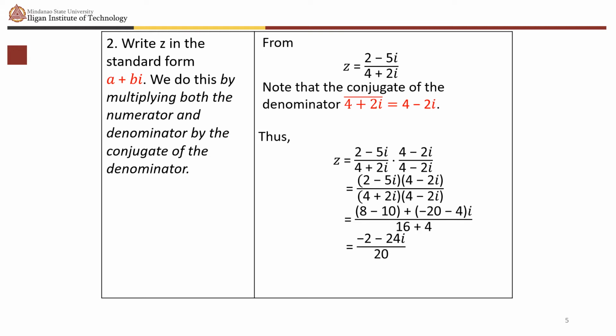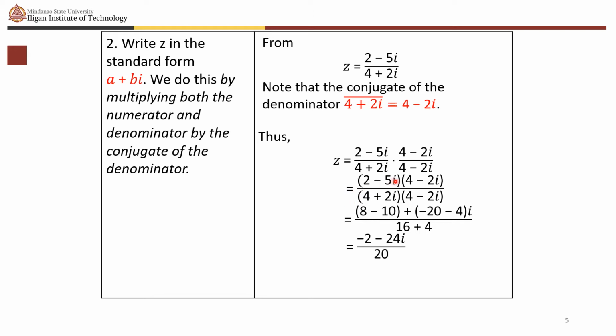Thus, we have 2 minus 5i over 4 plus 2i times 4 minus 2i over 4 minus 2i. Notice that this is just equal to 1, so when we multiply by this quantity, we still have the same value.